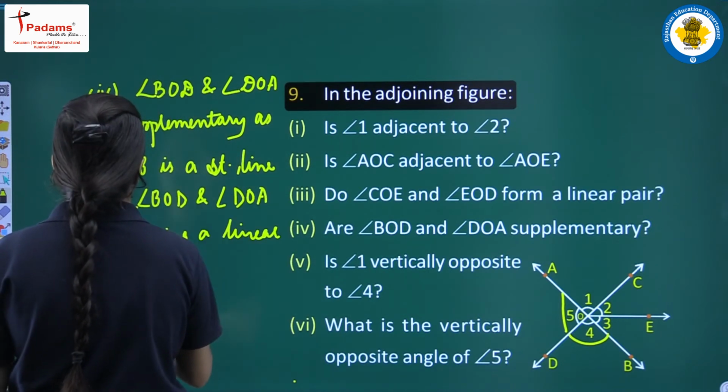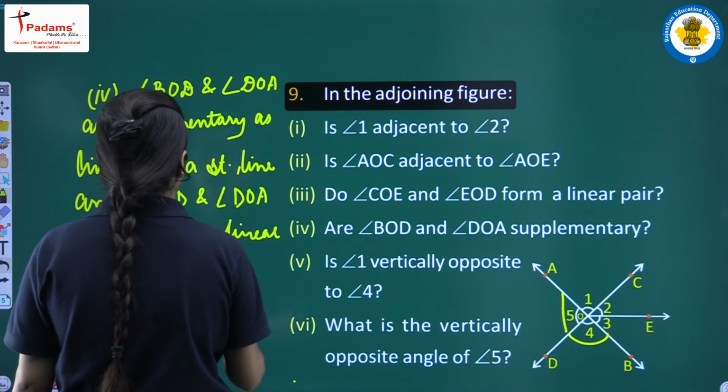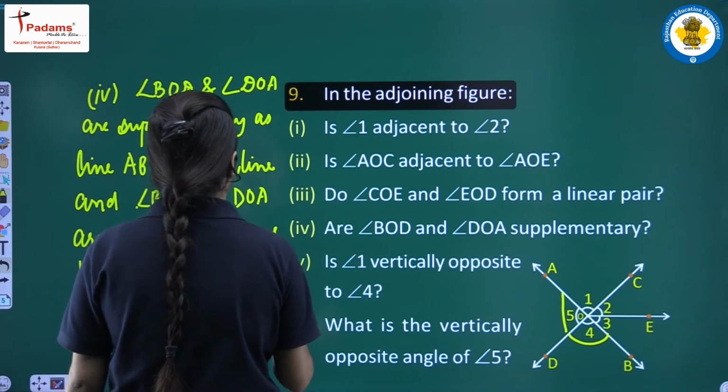So angle BOD plus angle DOA is equal to 180 degrees.